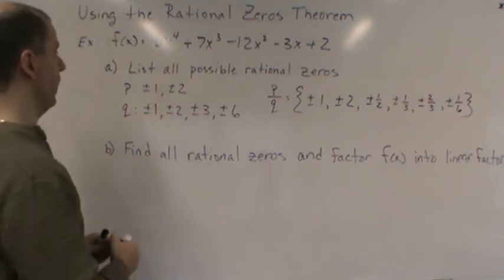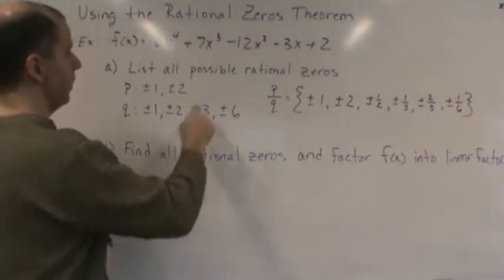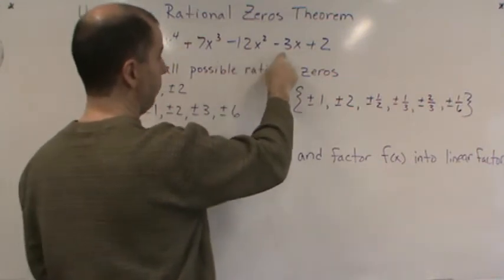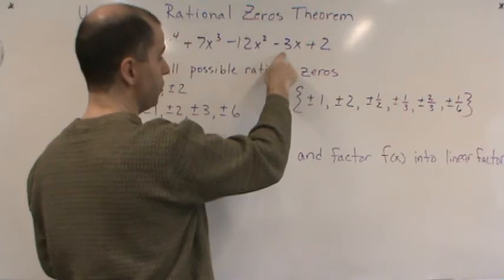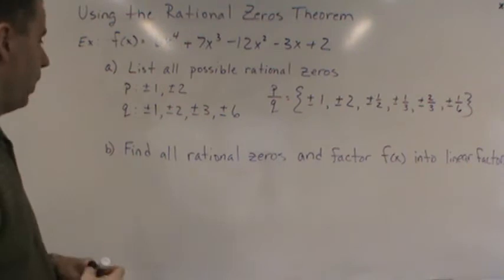Let's do that. 6 plus 7 is 13, minus 12 is 1, minus 3 is minus 2, plus 2 is 0. So they add up to 0. So 1 is a zero.